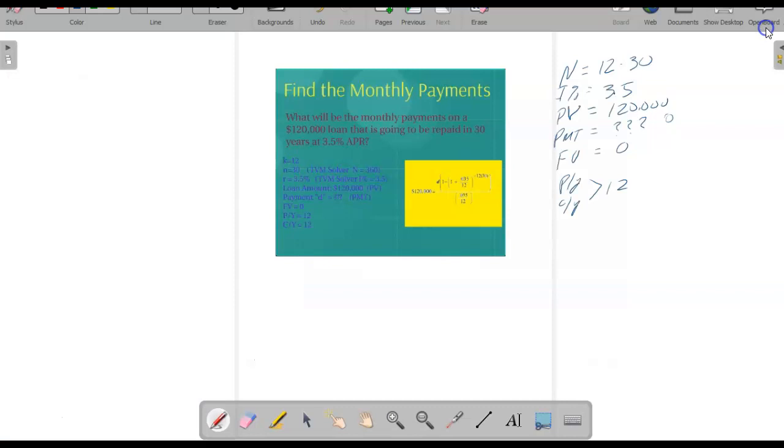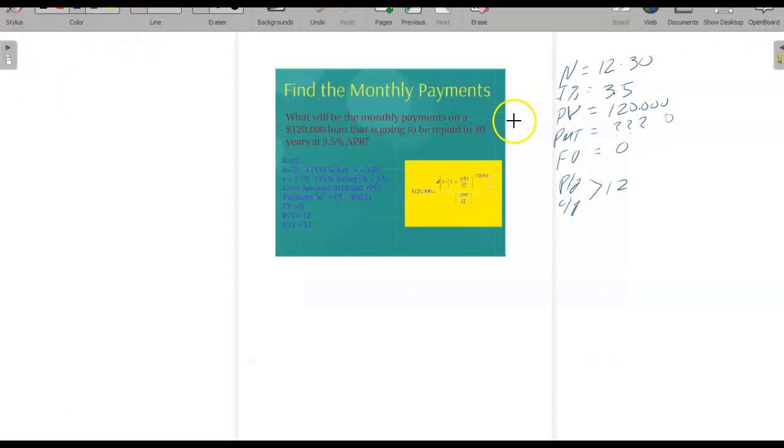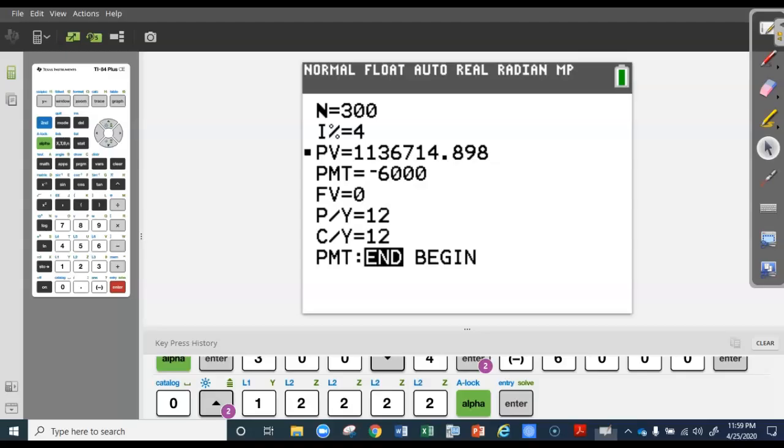I need to get rid of that. That has to be my cursor again. So there we go. Now I got my cursor back. Okay, so we have to come up here, and now remember, I'll go up arrow. That was really supposed to be 12 times 30. You can just write 360 in there. 360, enter. The interest was 3.5% on that.